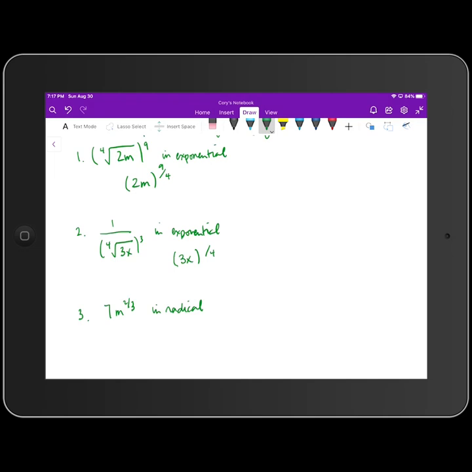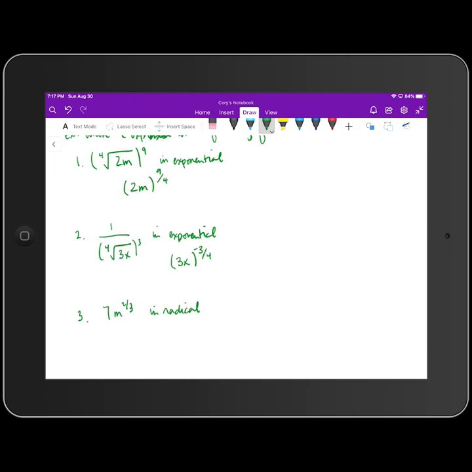So that's going to become the denominator of the exponent. 3 is the power. And because that entire quantity is in the denominator, that's going to make that exponent become negative. Okay, so that radical expression with a rational exponent is going to become 3x to the negative 3/4 power.